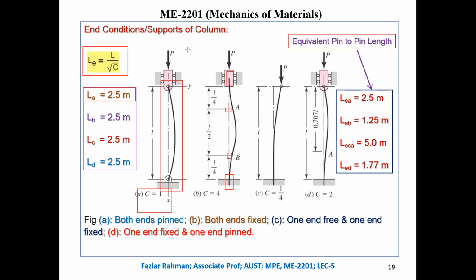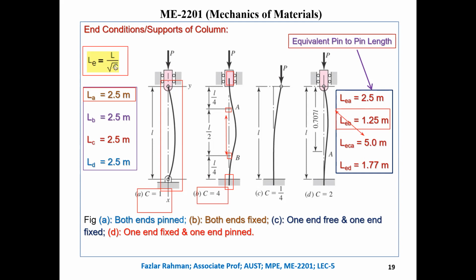That means this column and a pin to pin column of this much length will behave the same. So the value of LE is half of this column. The physical length of all of them I consider 2.5. But if you convert this column, the length will be half of this one, that means 1.25. The value of C in that case will be 4.